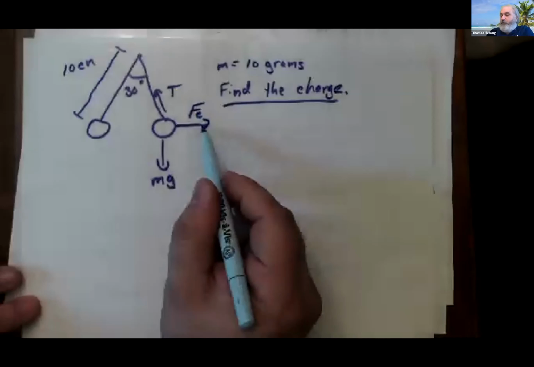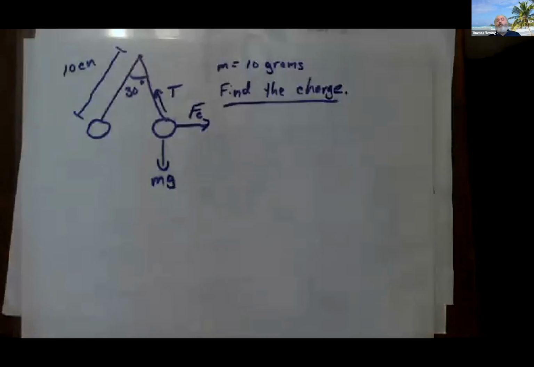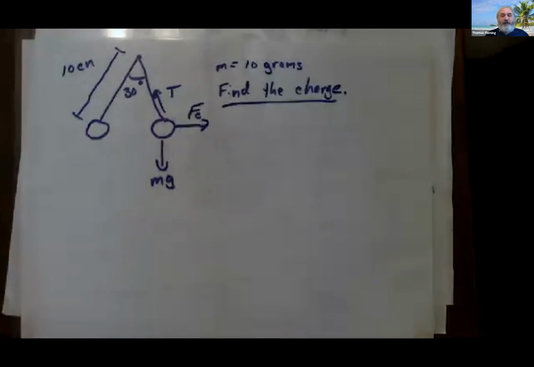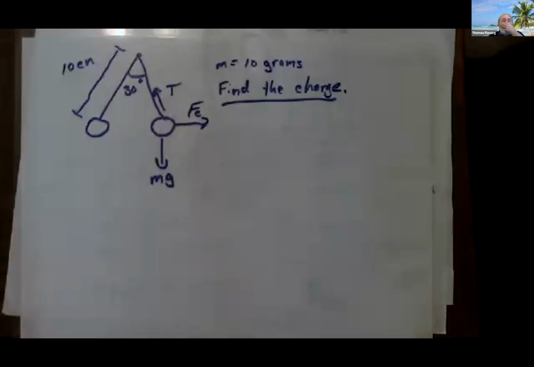Now, as for a normal force, there would be a normal force on it if it was touching the ground, but I'm holding it up above the ground. There's nothing else touching that ball. The only thing touching the ball is the string. We already got the string. So those are my only three forces.